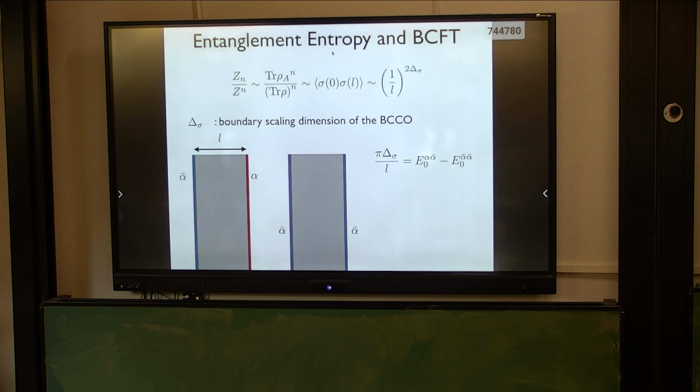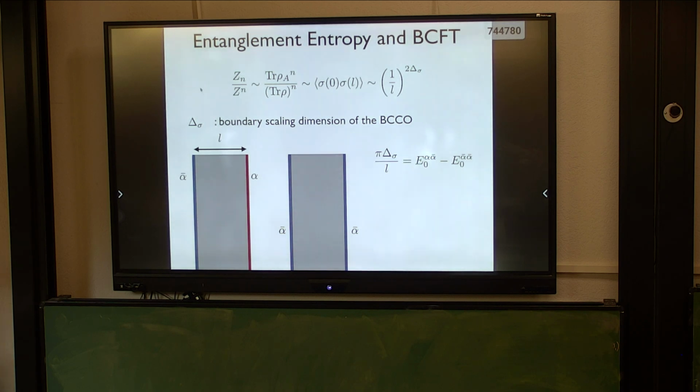Then the problem is reduced to the calculation of this boundary scaling dimension of the boundary condition changing operator, which can generally be calculated by conformal mapping. That is, in the original setup, we had a half-infinite plane and the two boundary condition changing operators. But you can do a conformal mapping, sending those two operators to imaginary time plus infinity and minus infinity.